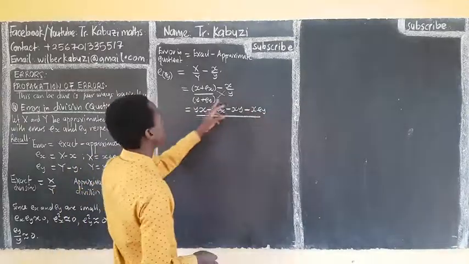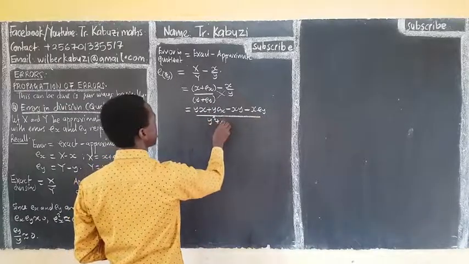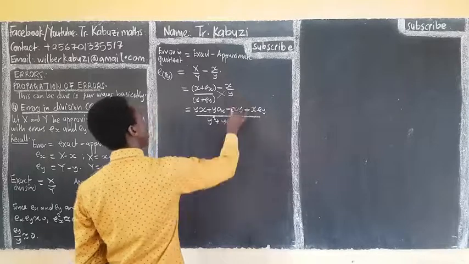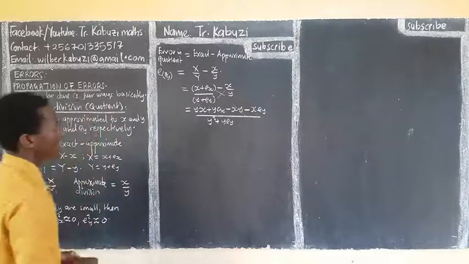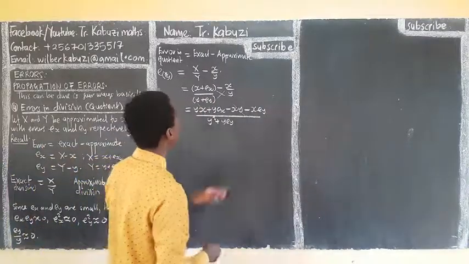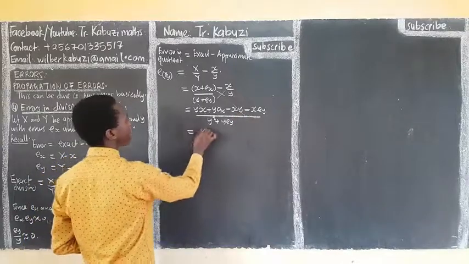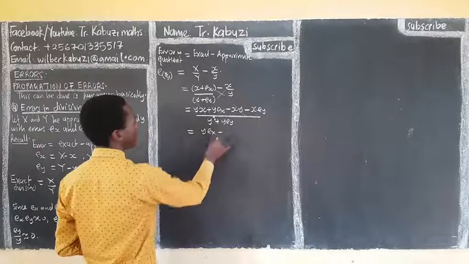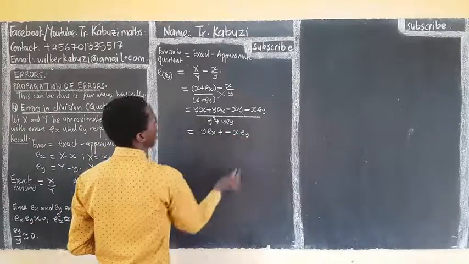When I multiply this and this, I have y squared plus yey. So now this cancels with that. And what is surviving is this and this, which is the same as yex, plus negative xey.